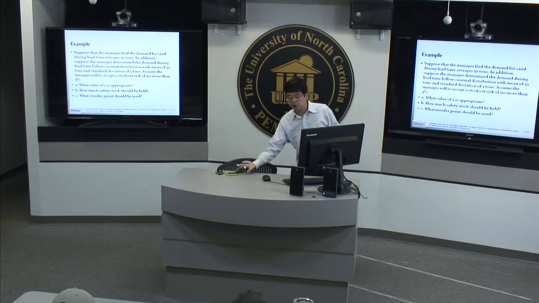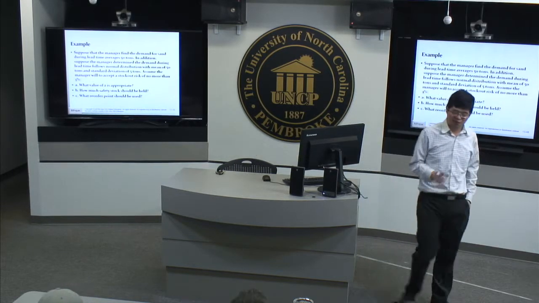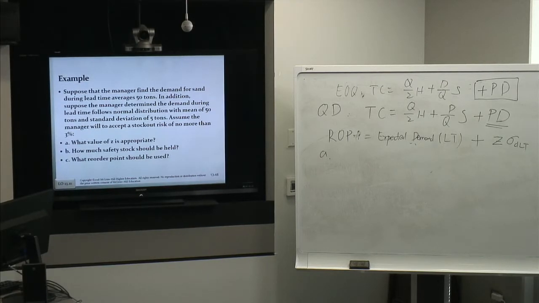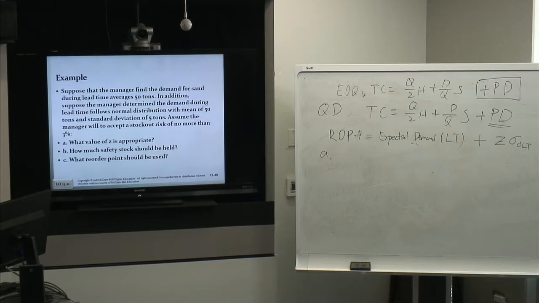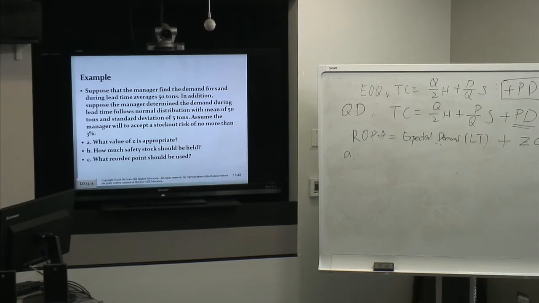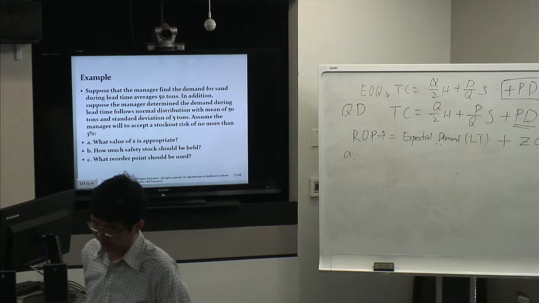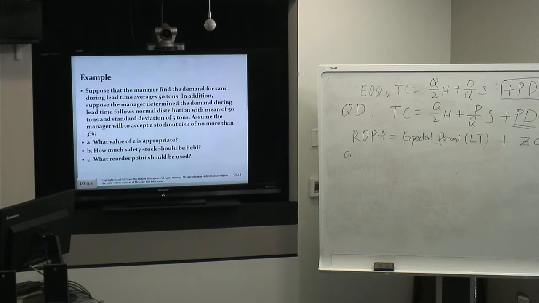Okay. Do it. You guys have 3 minutes for part A. That's for part A. Now we can move on for parts B and C. You need your textbook if you have it for Z value.